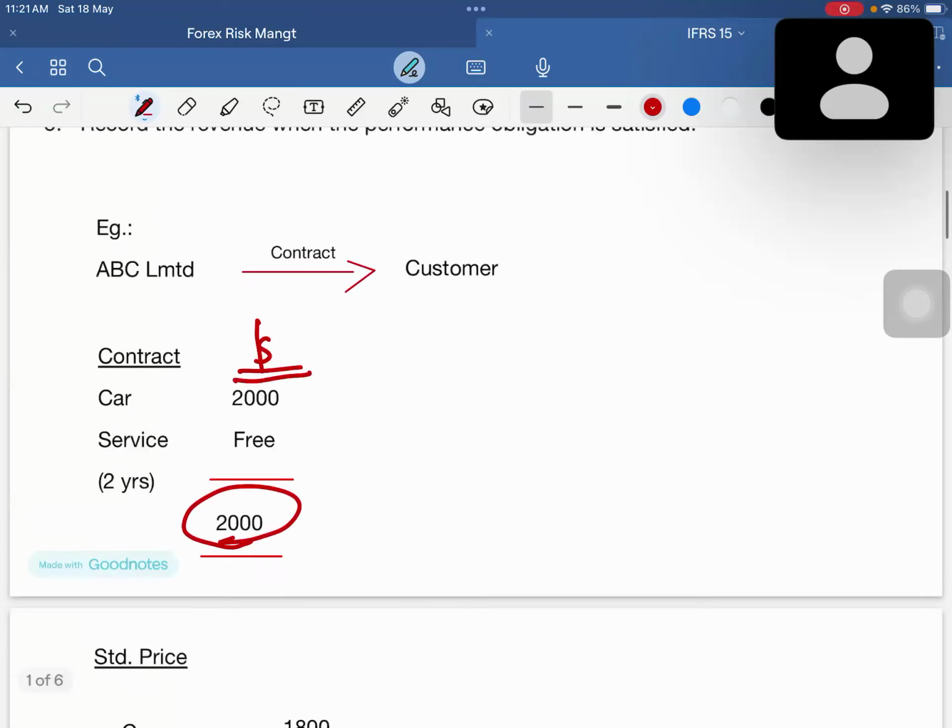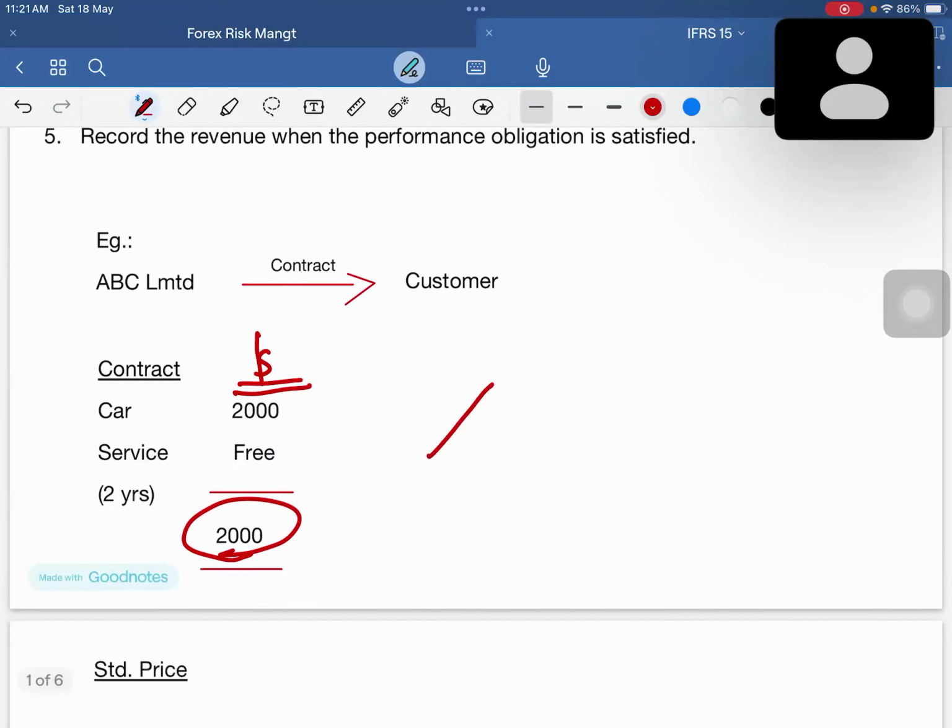Now, this is usually not the case that the company deals with the products. There is another standard price that is set in the company in order to provide these products. So that price is called the stand-alone price. Let's see what happens with the standalone price.